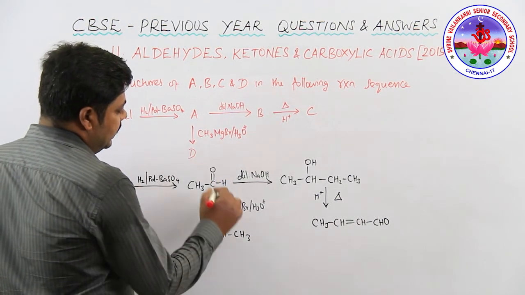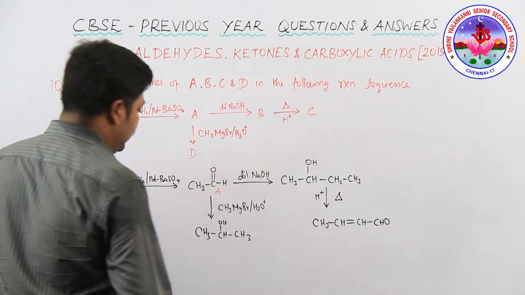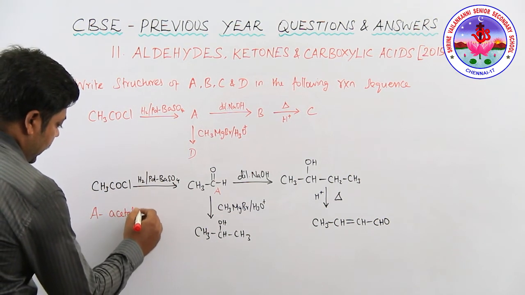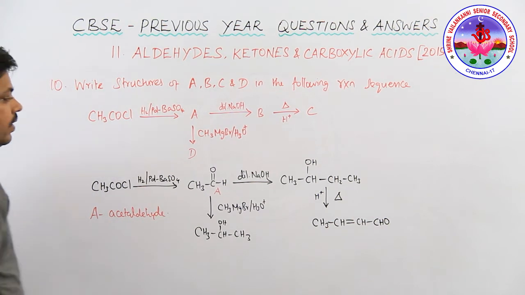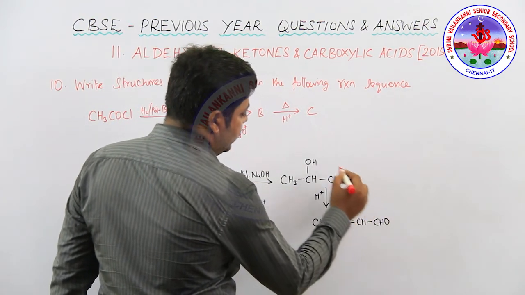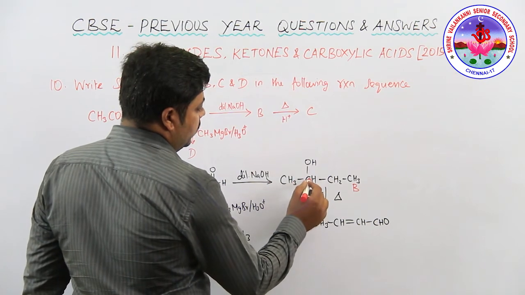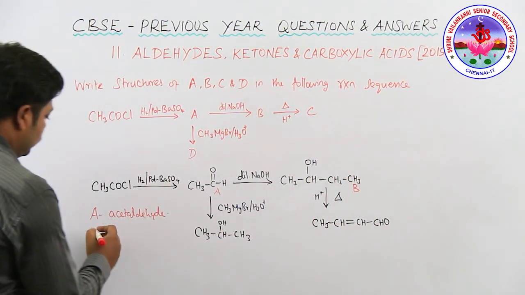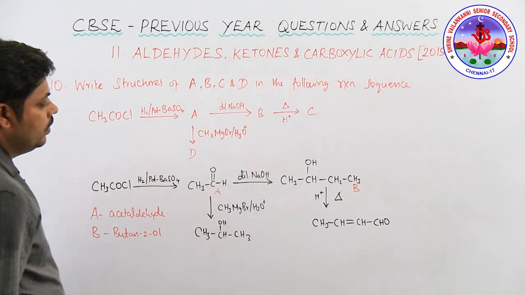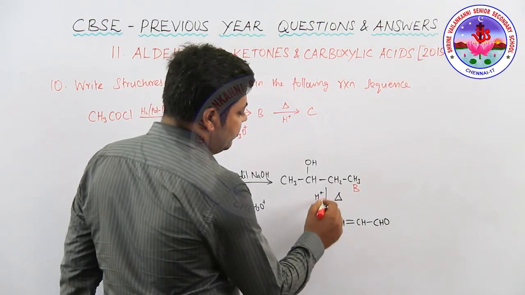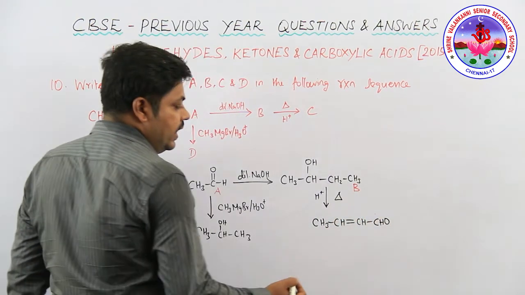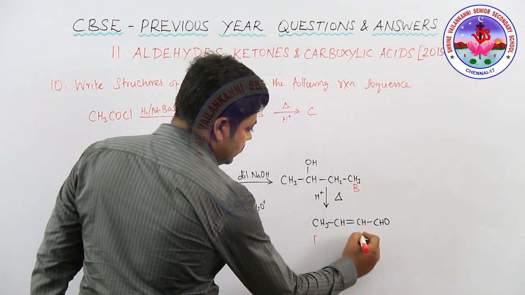So acetaldehyde is A. Then this A reacts with dilute NaOH to give B. The B is butan-2-ol, an alcohol. Then B, on treatment with acid on heating, gives but-2-en-1-al. This is C.